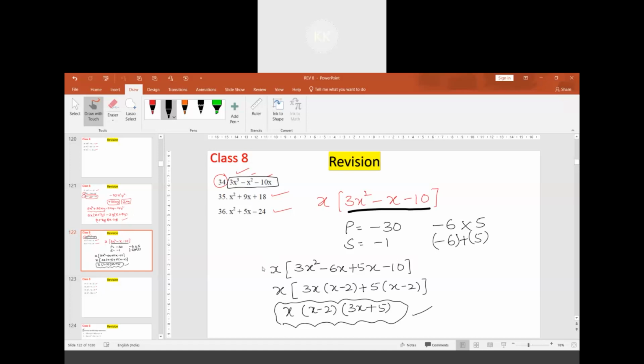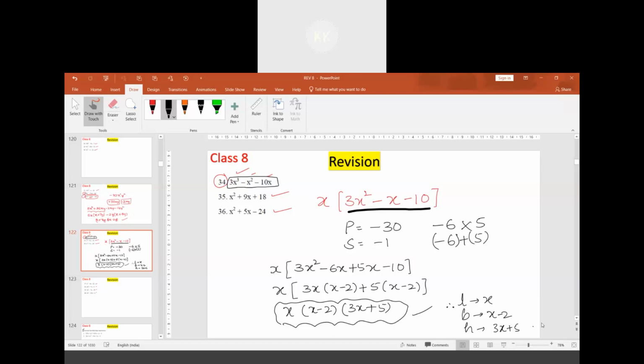For that, this procedure has to be followed. Therefore, at the end we'll write length is x units, breadth is x minus 2 units, and height is 3x plus 5 units. Understood? This is application of the factorization.